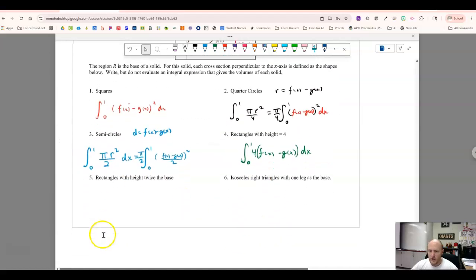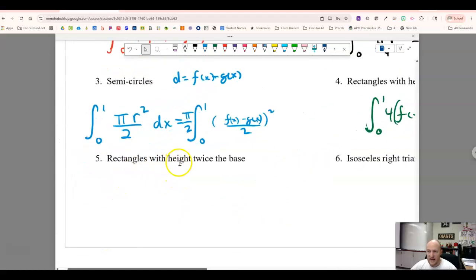Okay, what if the rectangles have a height that's twice the base? So now I'm going to change it. So 0 to 1, the base is f of x minus g of x for a rectangle. But now I need to multiply times the height that's twice the base.